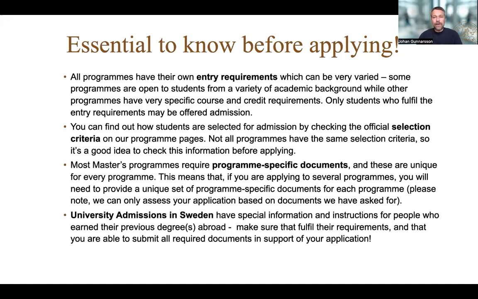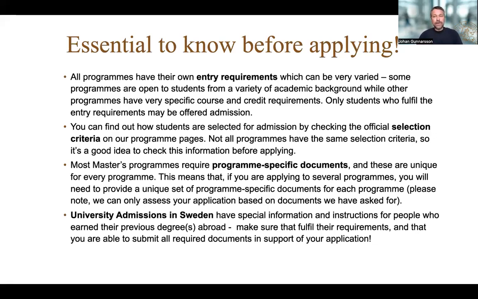If you have a very strong academic background with good grades from a good university anywhere in the world, that is obviously a very good position to be in to be selected for admission. But it's not always the only thing that we look at, because we, for example, look at the extra documents that you may be required to send.